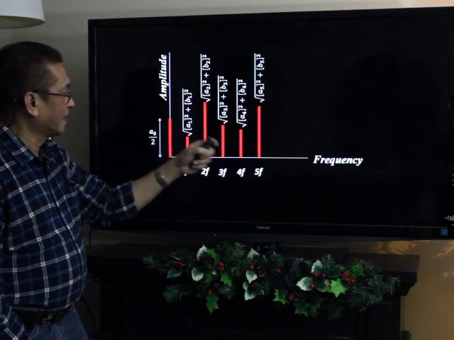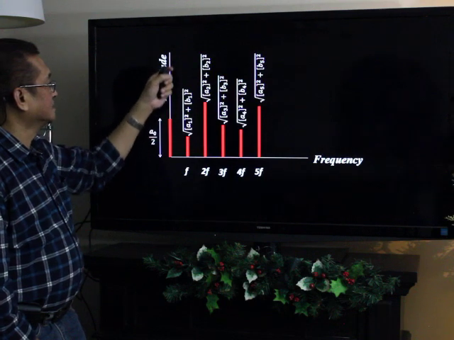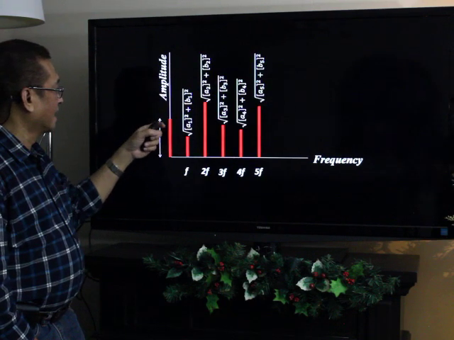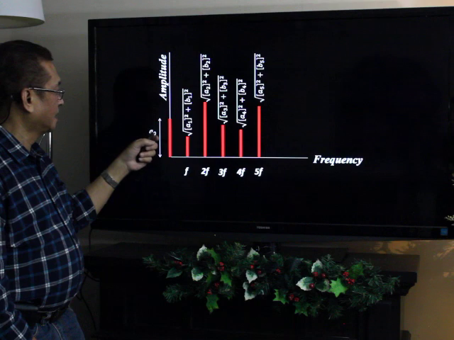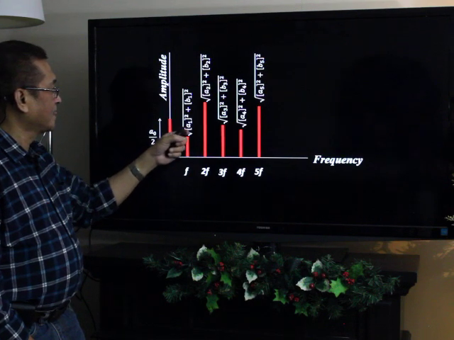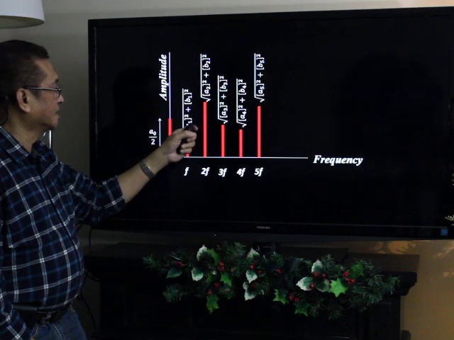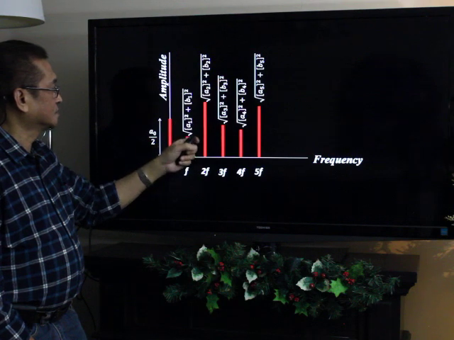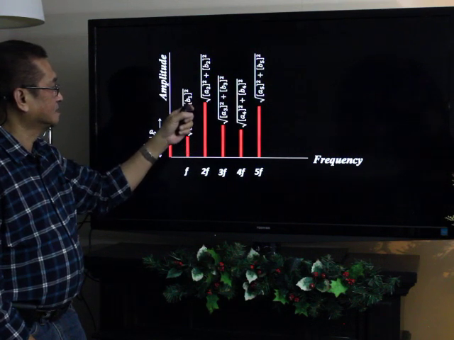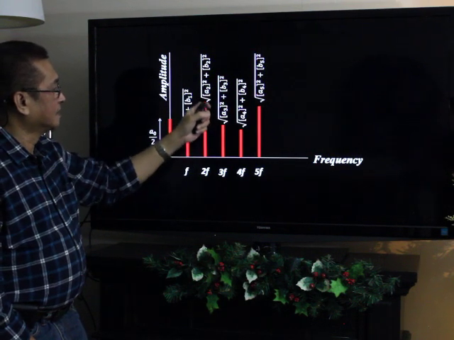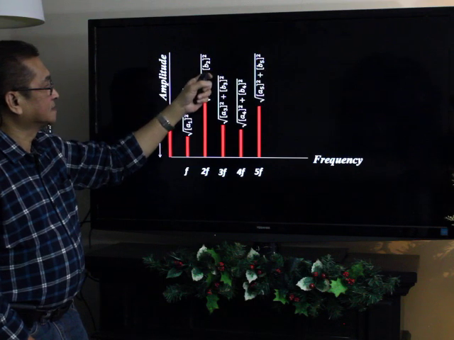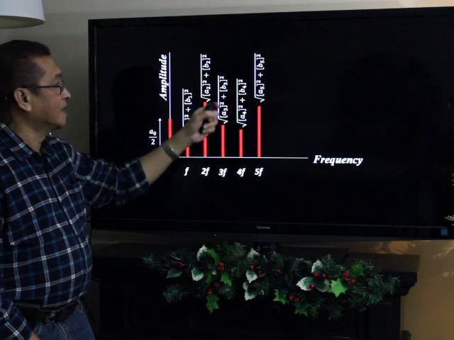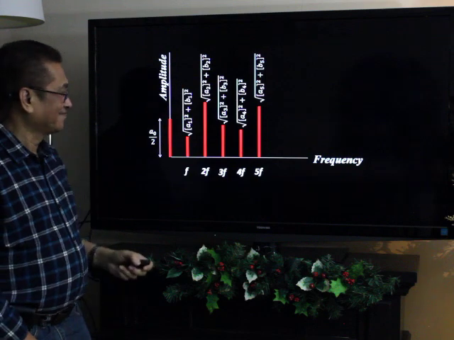We have 5 lines of resolution, and we have amplitude, and this one here is a sub 0 over 2, and this one is the first amplitude, a sub 1, the square root of a sub 1 squared plus b sub 1 squared, and a sub 2 squared plus b sub 2 squared, and so on and so forth.